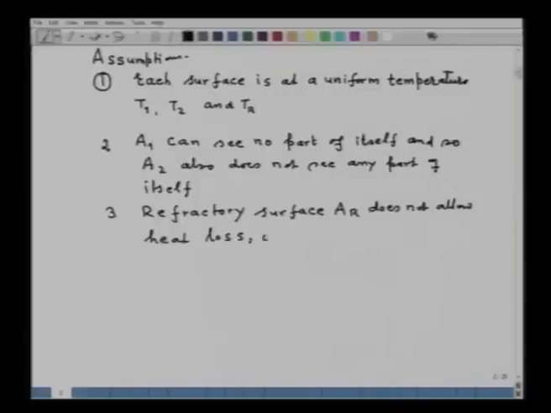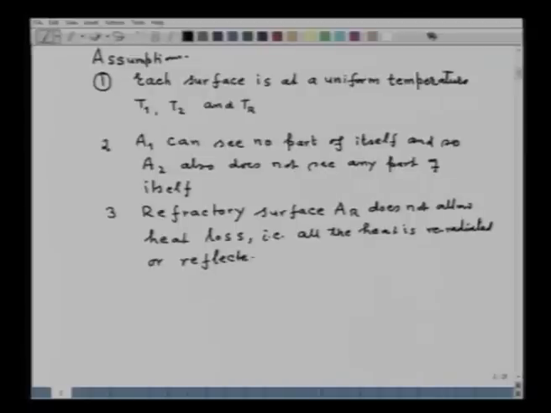That means all the heat is re-radiated or reflected.